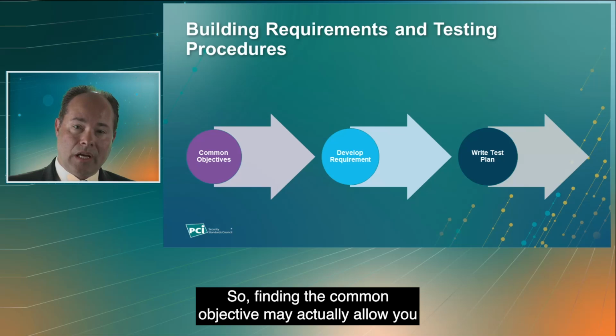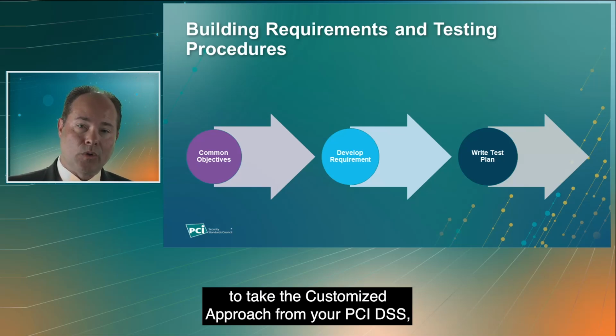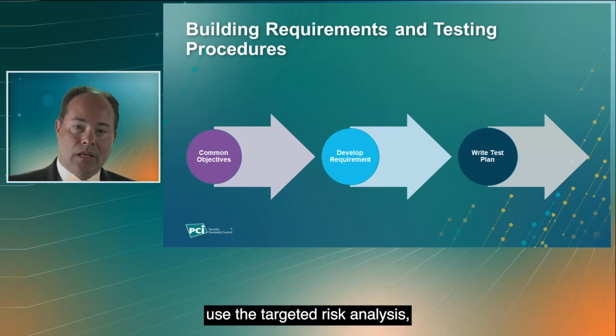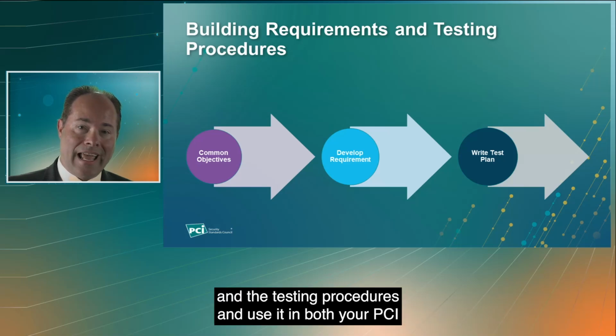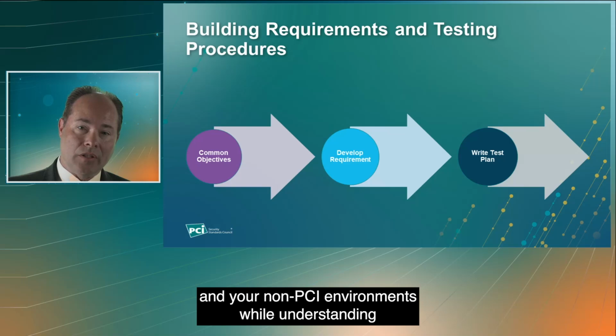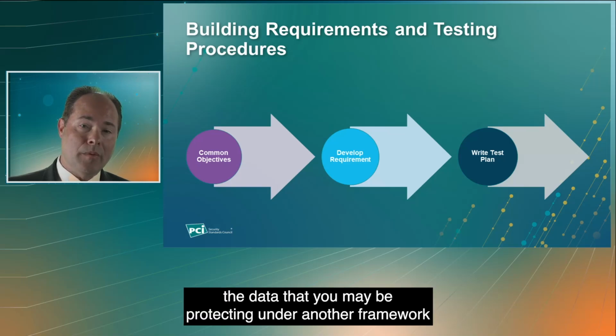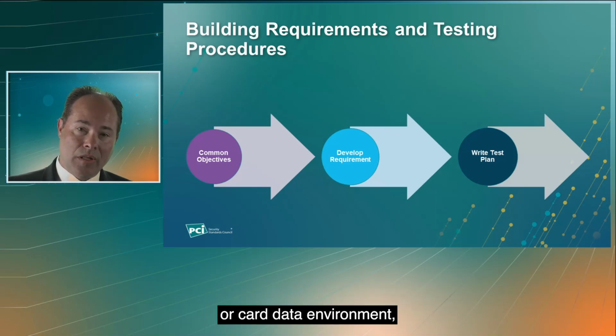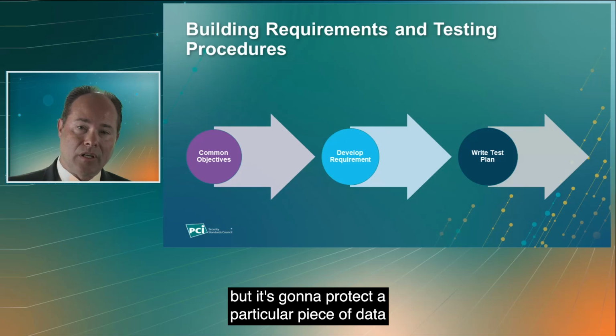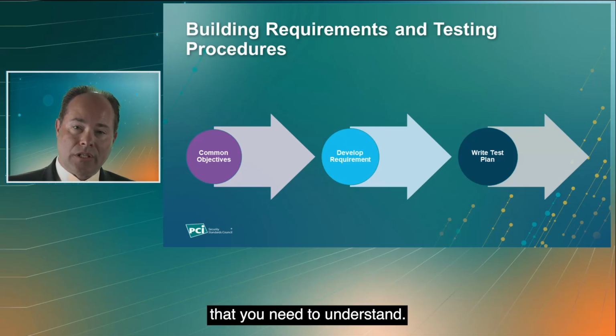So finding the common objective may actually allow you to take the customized approach from your PCI DSS, use the targeted risk analysis, the development of the requirement and the testing procedures, and use it in both your PCI and your non-PCI environments, while understanding that the data you may be protecting under another framework is not going to be your cardholder data or your CDE, or card data environment, but a particular piece of data that you need to understand.